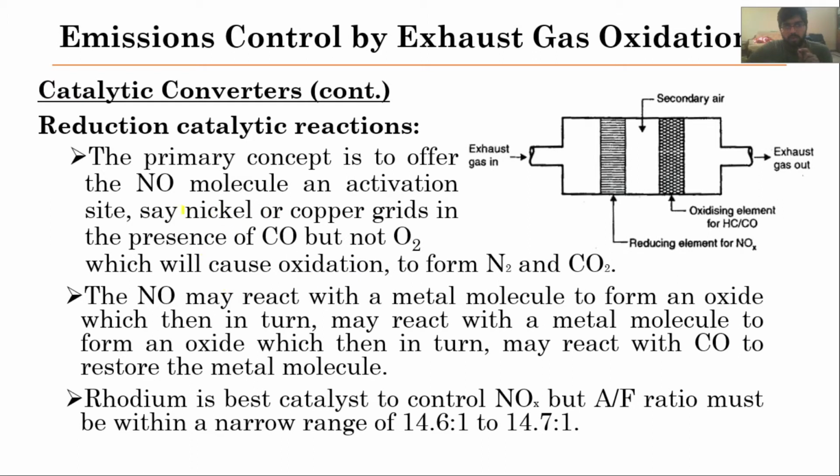Here you can see that for the reduction catalyst, usually nickel and copper grids are being used, but the best catalyst which we can use is the rhodium. But the use of the rhodium is being limited by the air fuel ratio range, that it has the best performance when the air fuel ratios are from 14.6:1 to 14.7:1.